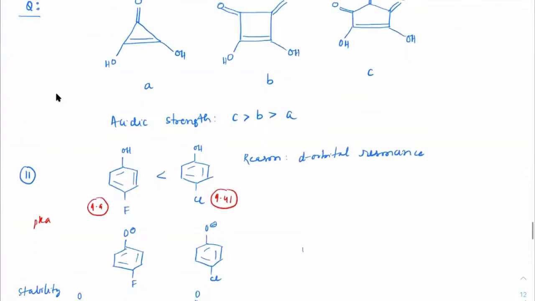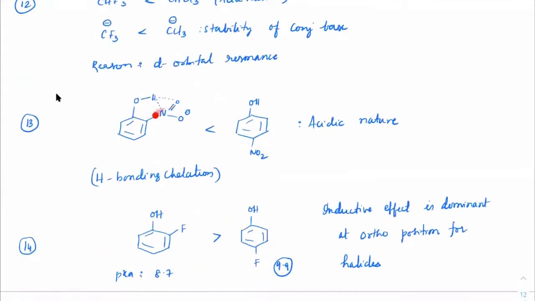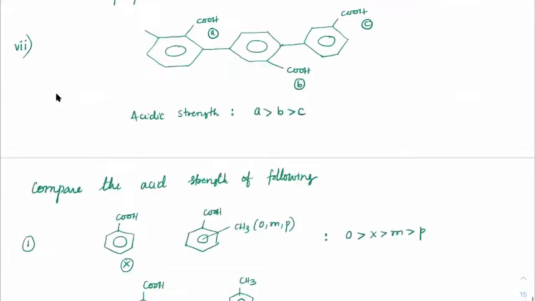What did I tell you when you had OH with NO2 at the ortho position and at the para position? At the ortho position, there is hydrogen bonding, because of which removal of H plus becomes difficult. So which is more acidic now? Para is more acidic. Clear on that point?